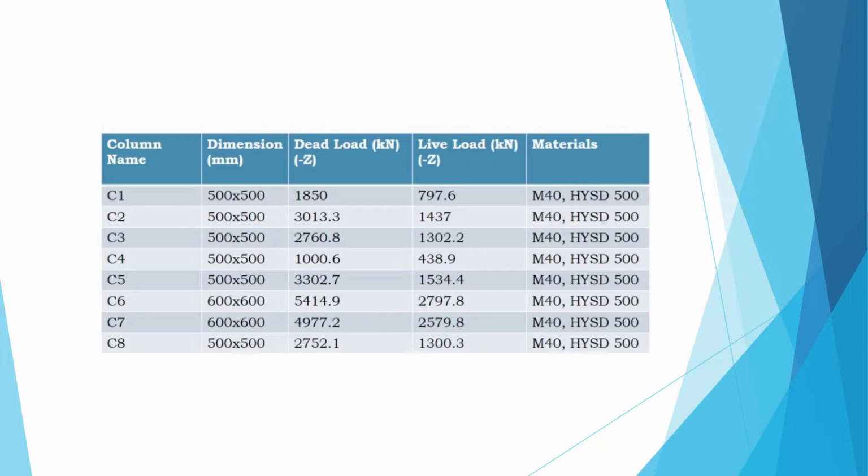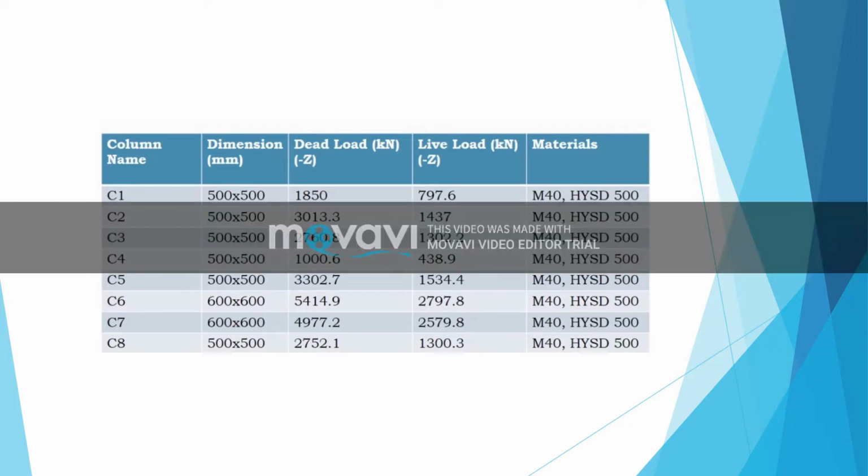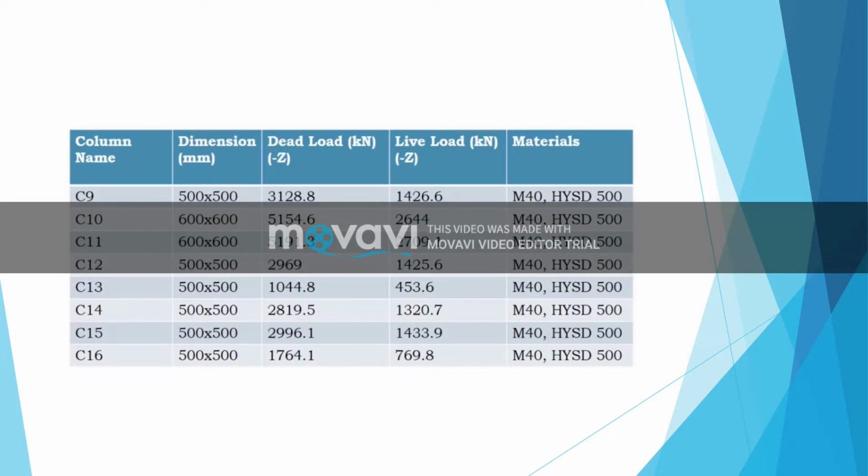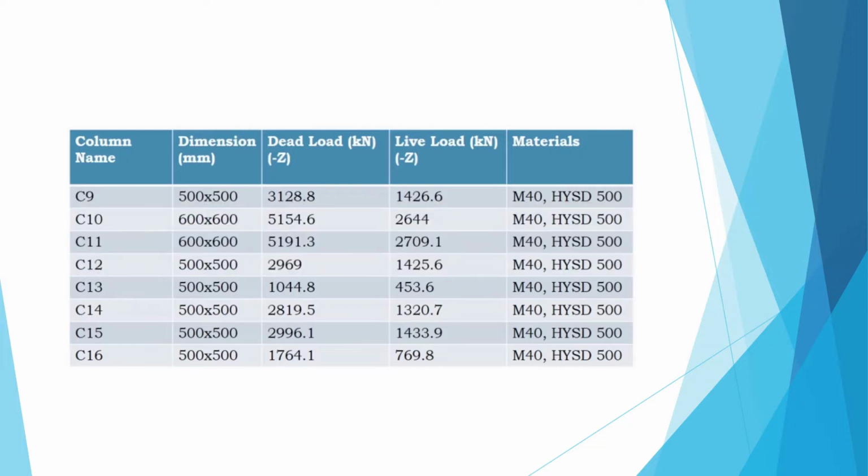Here the columns C6, C7, C10 and C11 have a dimension of 600 by 600 millimeters and all the other columns have a dimension of 500 by 500 millimeters.